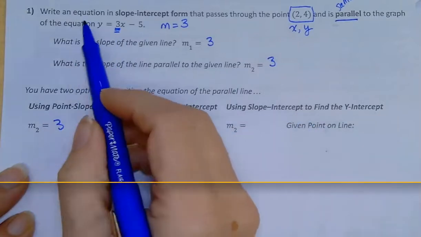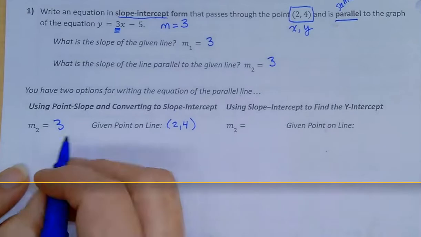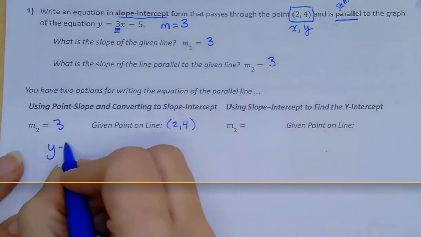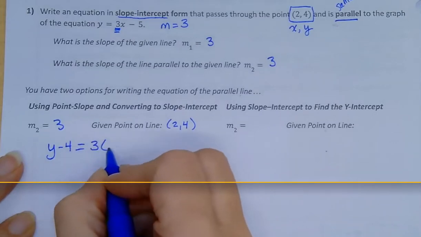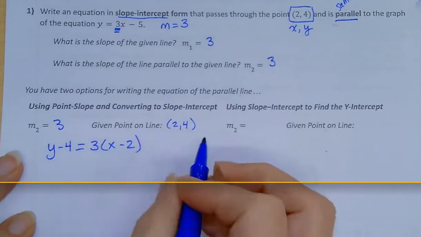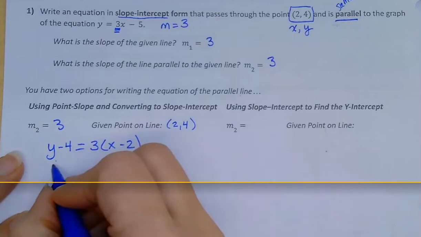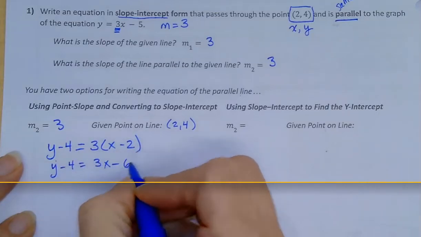Okay, I have to write an equation in slope-intercept form. So I can write my equation initially as y minus 4 equals 3 times x minus 2. This is point-slope form that I'm using. I'm going to solve for y so that I can put everything in slope-intercept form. This is y minus 4 equals 3x minus 6.